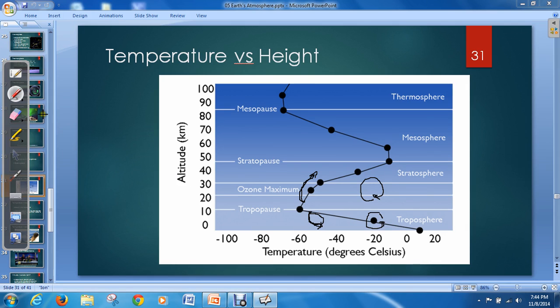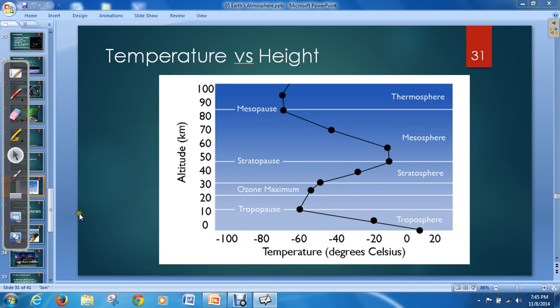It makes more sense for it to go up. And so this weird phenomenon of temperature increasing in the stratosphere actually makes it so the stratosphere and the troposphere don't mix. Hopefully that makes sense. Ask me some questions about that if that's still confusing. But that's why we don't have this mixing of the two spheres, because of this temperature difference in the stratosphere, this kind of reversing effect.